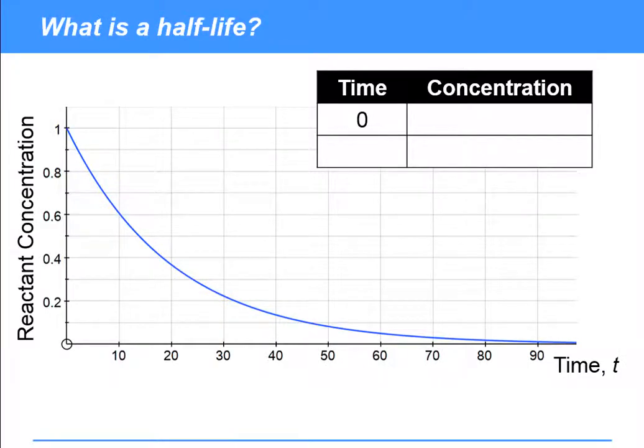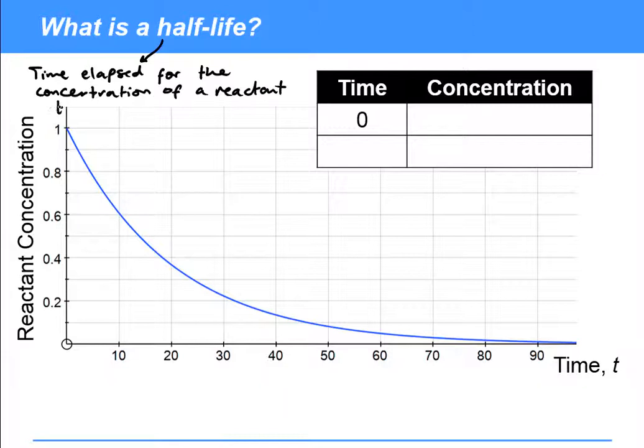So a half-life, if we see a reactant, its concentration is decreasing over time. Now, half-life is a term that's very commonly used in the field of radioactive decay, but it's quite a general term for describing the loss of something or even the gain of a product as simply the time elapsed for the concentration of a reactant to halve.